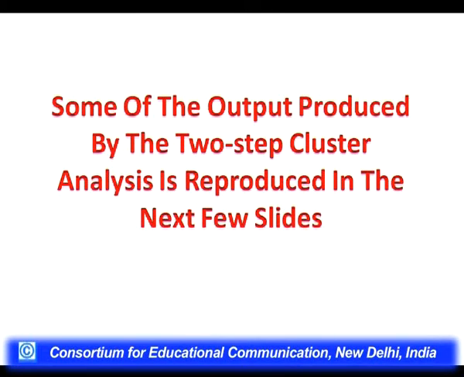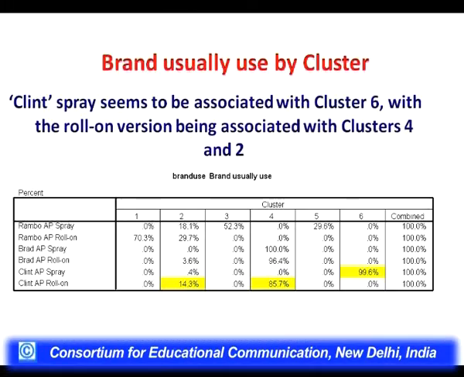Some of the output produced by the two-step cluster analysis is reproduced in the next few slides. So, in the next few slides, whatever result we have got is shown. Brand usually used by cluster.